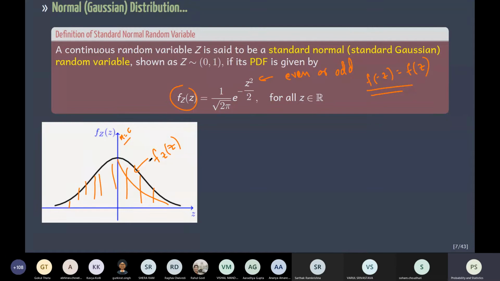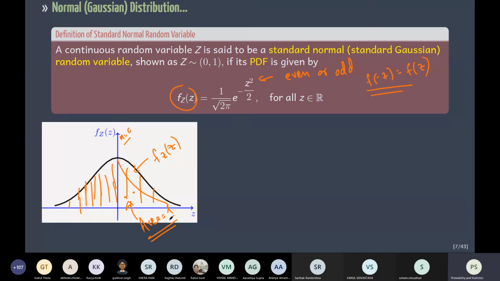This is the curve which is the PDF, and if we integrate this, then it must come out to be 1. That's what all PDFs should satisfy. So this is the area which is 1, because this is a probability distribution.